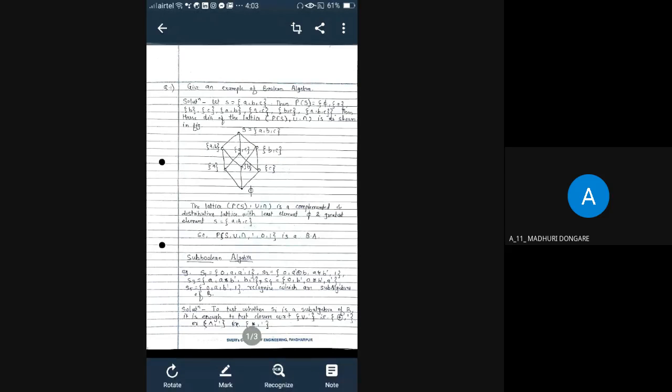This is a complemented lattice because a complement exists for each and every element. Again, this lattice contains bounds. So here the least bound is phi and the greatest bound is set S. That's why this lattice is called a Boolean algebra. So likewise, you can give an example of Boolean algebra.